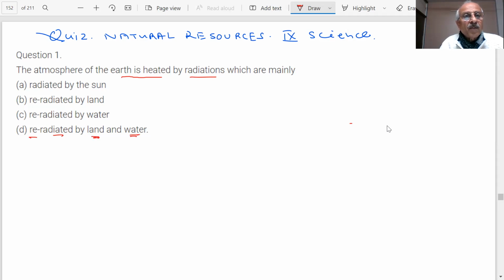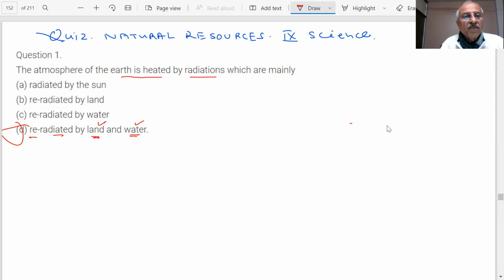What is happening? You have seen how the re-radiation takes place from land as well as water. Is that the correct answer? Yes, sir. Okay, students, we are locking this. Answer D is locked. The sun rays in the morning fall on the land as well as on the water bodies.